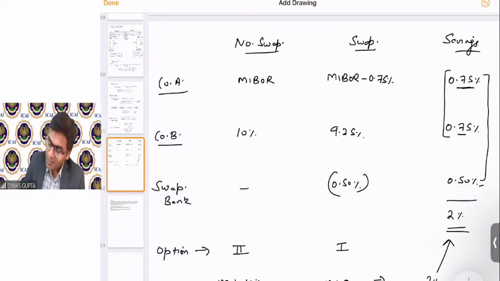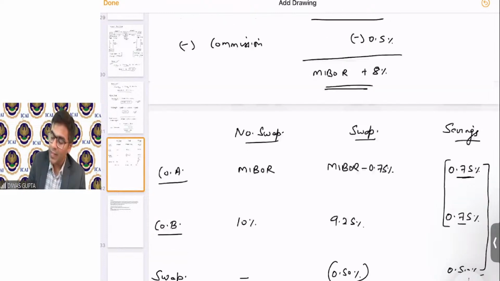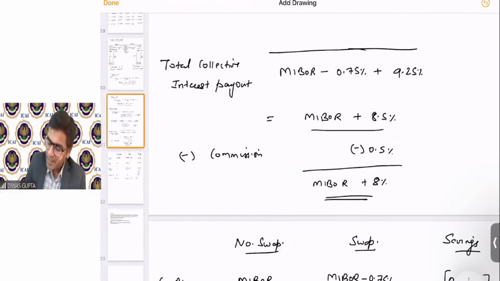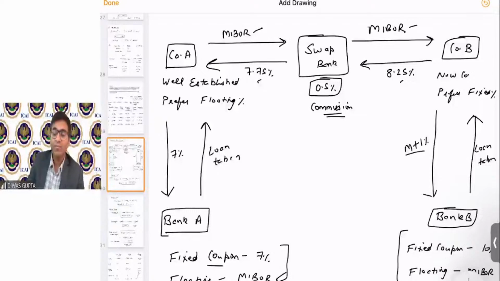Now, basis 0.75, what should be the revised amount that has to be paid by Company B to the swap bank? The swap bank already knew that Company B will pay M plus 1 to Bank B, and the swap bank will pay Company B MIBOR, which is again M plus 1 minus M. So effectively, Company B is already paying 1% extra.